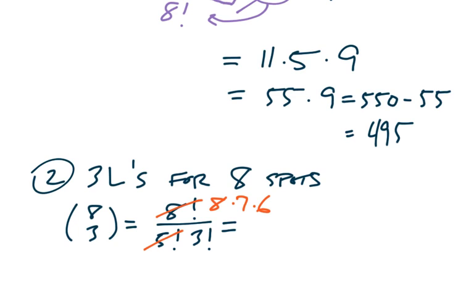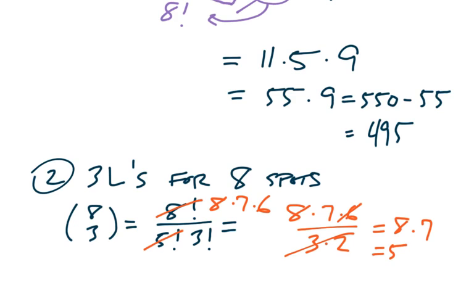That means I can cancel them out and just be left with 8 times 7 times 6 upstairs. Downstairs, 3 factorial, which is 3 times 2, which is 6, and so I'm left with 8 times 7, which is 56.